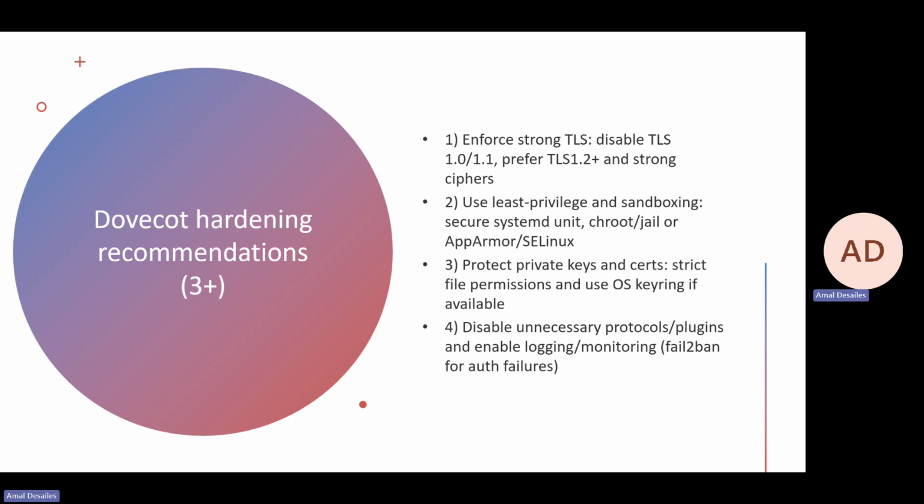Protect your private keys with strict file permissions. And for bonus security, disable unused plugins and use Fail2ban to block repeated failed logins. This ensures our lab services are secure even if they were production facing, but we are just going to look at it anyway. So these are the hardening recommendations, mainly for security.